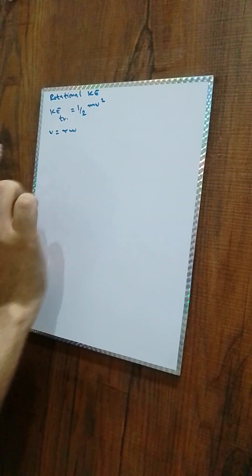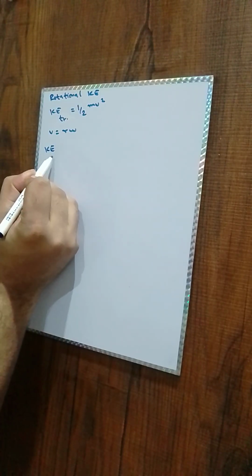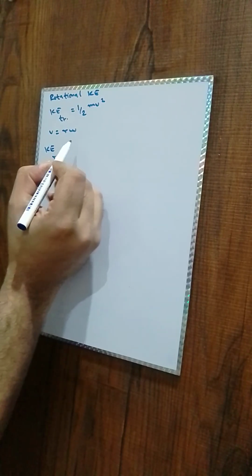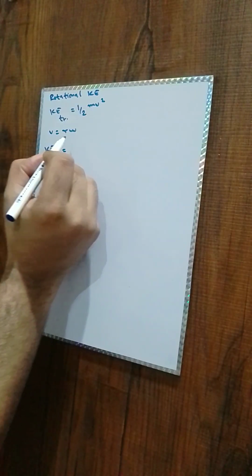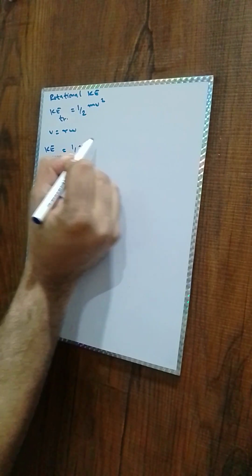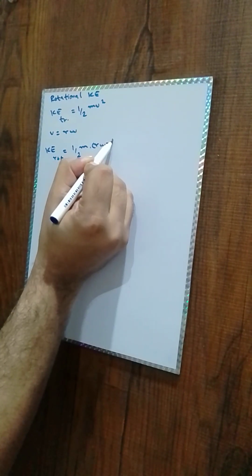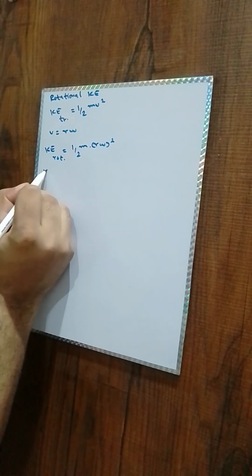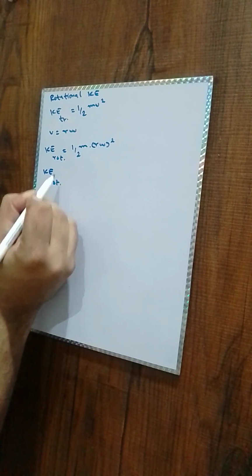So for rotational kinetic energy we put the substitution for v, which is r omega, into half mv square: half m dot r omega whole square.